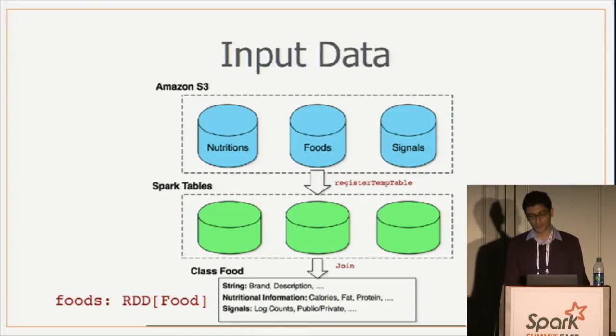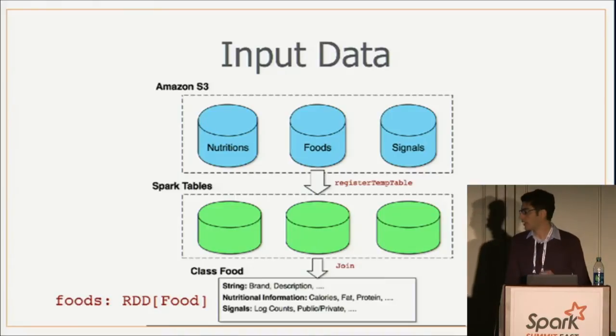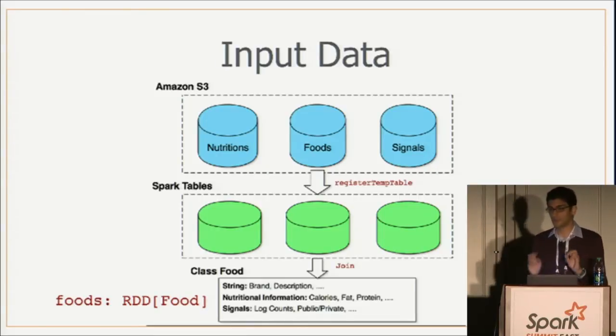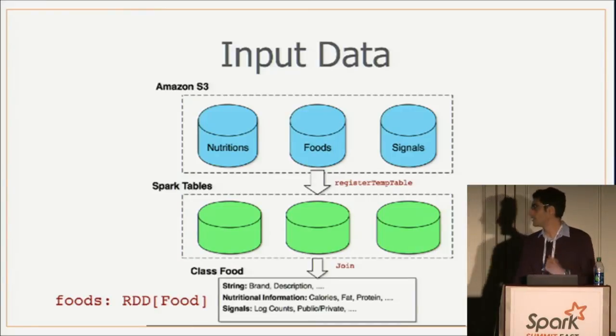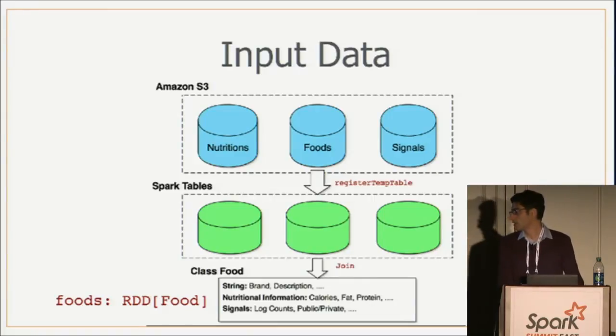Afterwards, we could run a join on top of this data to create a single entity, merging all these different types of information for particular foods into one entity, which was a class Food in our database. In Spark, we were dealing with the brand and description strings, the nutritional information, and the various types of signals we had collected for each food item.